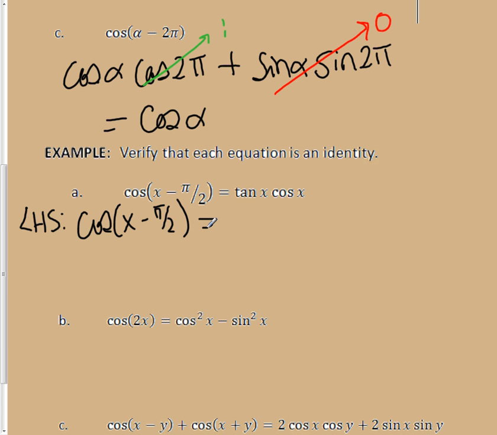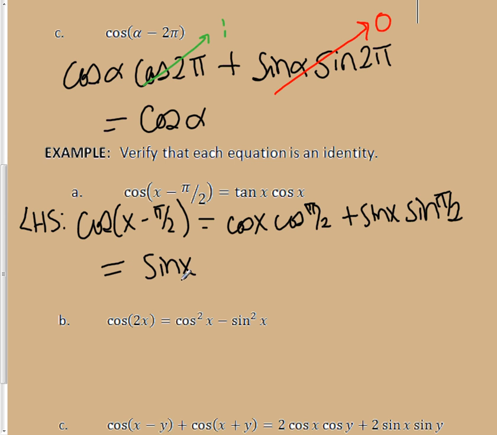This becomes, from my example up above, I know that this cosine x, cosine pi over 2, plus the sine x, the sine pi over 2, is just going to simply become the sine x, which isn't the right-hand side. However, I can multiply it by 1.